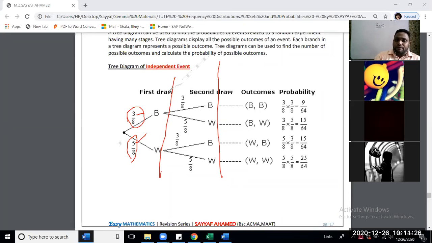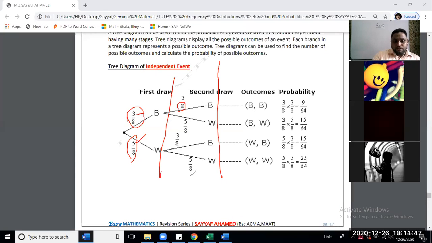When it comes to the second row, you will see the difference between an independent event and a mutually exclusive event in a tree diagram, only in the second row. If you have the same denominator 8, then it's an independent event, because there's no reduction in the total number of outcomes we have. Clear?